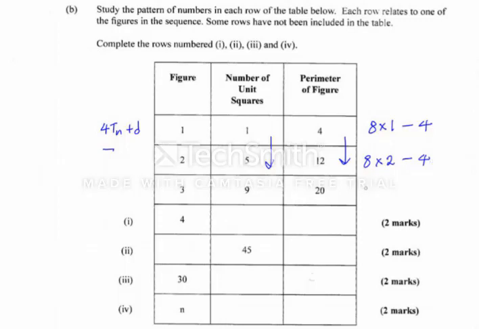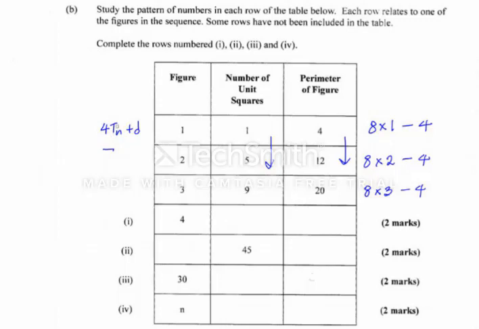The next one will be 8 times 3 minus 4, and that gives you 20.